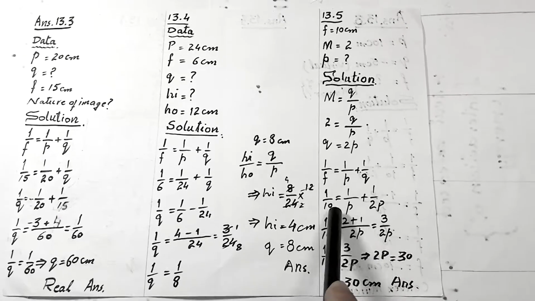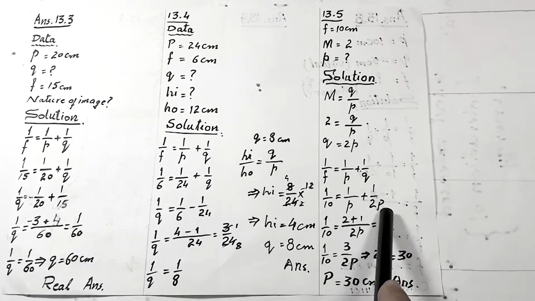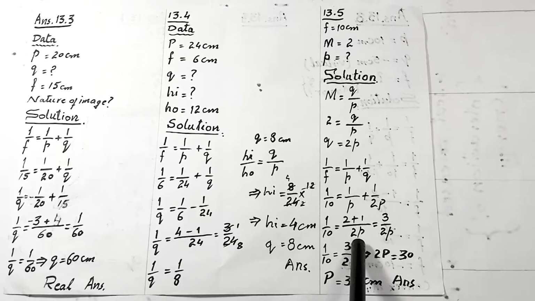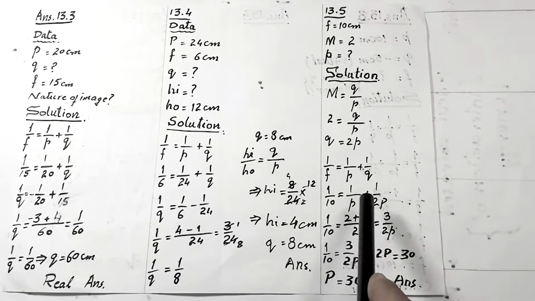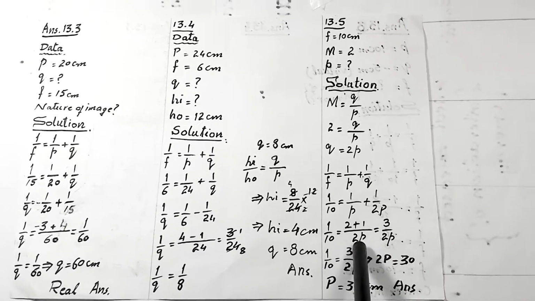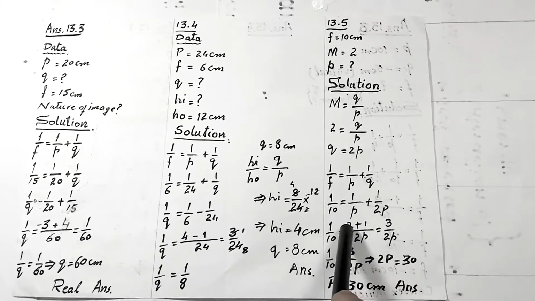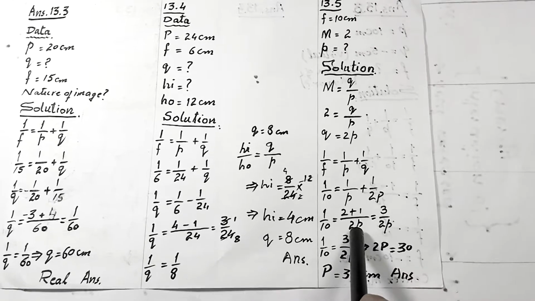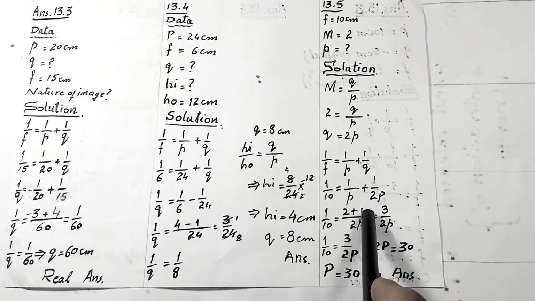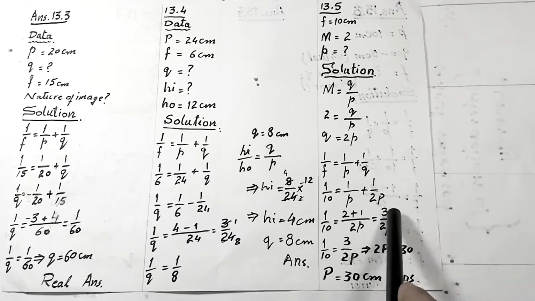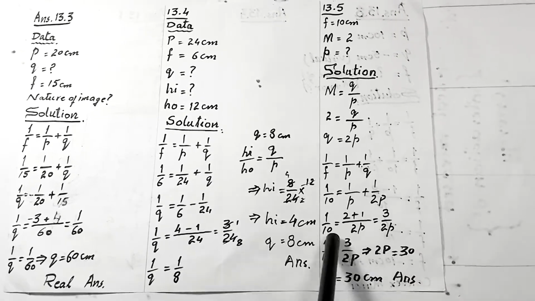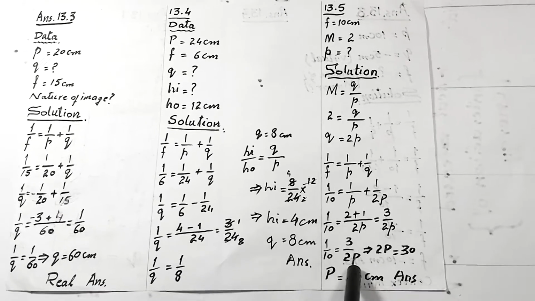Here we will take the LCM of P and 2P, it comes 2P. Now 2P divided by P, so remaining is 2. Here 2 ones are 2. Now 2P divided by 2P, it comes 1. So here you will write 1, and by adding it, 3 upon 2P. Here 1 upon 10 is equal to 3 upon 2P.